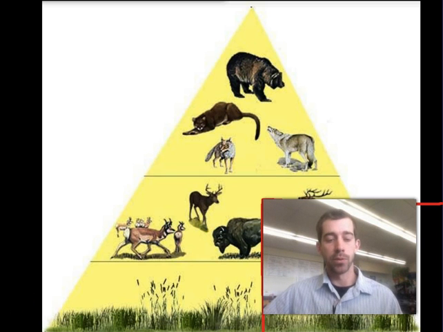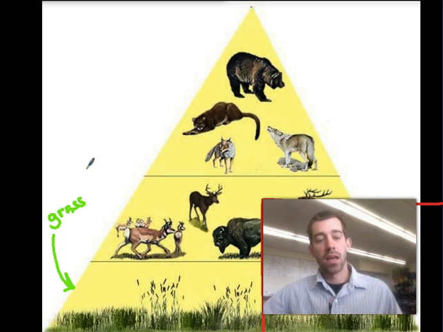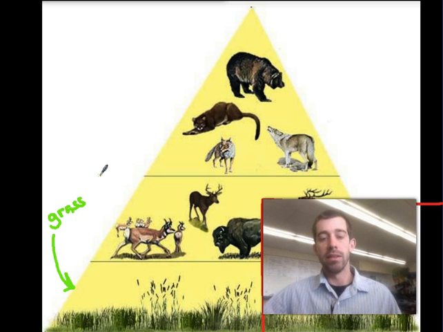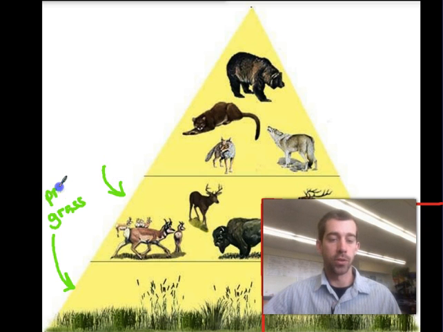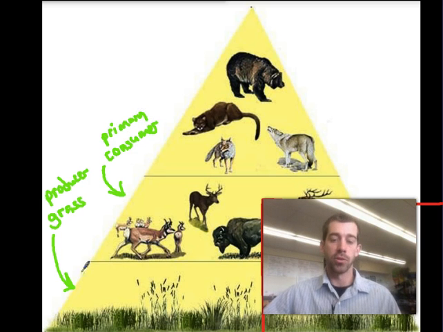Down here you've got the producers, which are the plants, like the grasses are really important in the American West. Grass is a producer. Let me write that, producer. And here you've got the consumer, or what we often call the primary consumer, because these guys actually eat the producers.